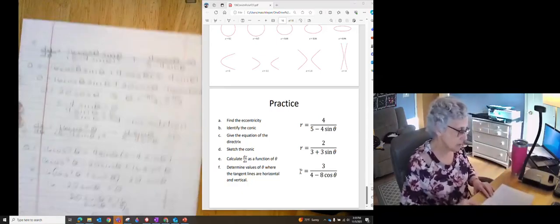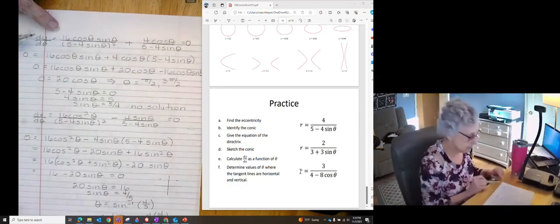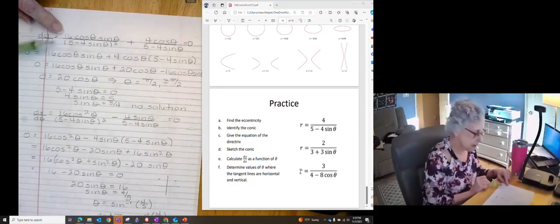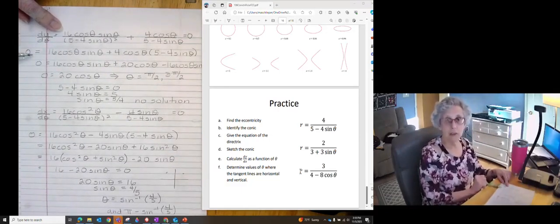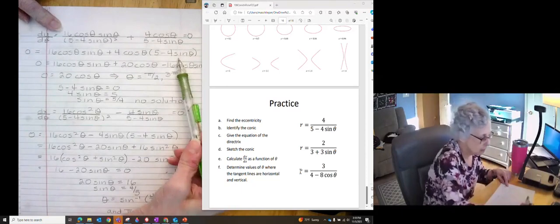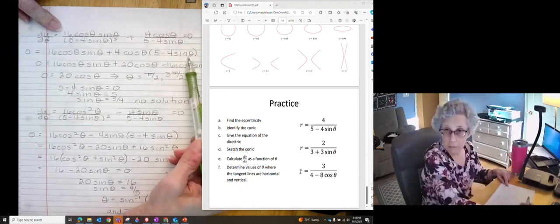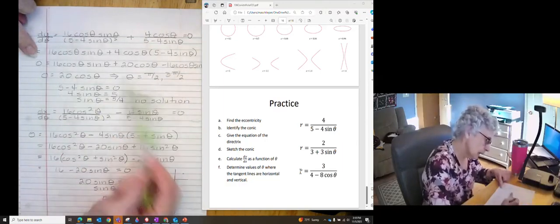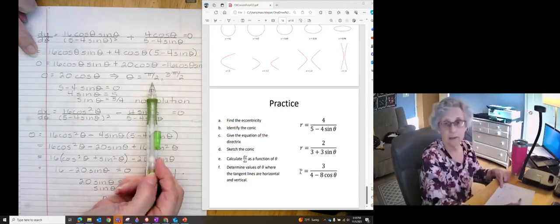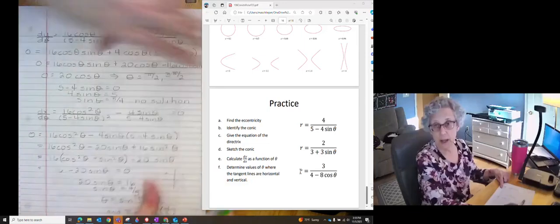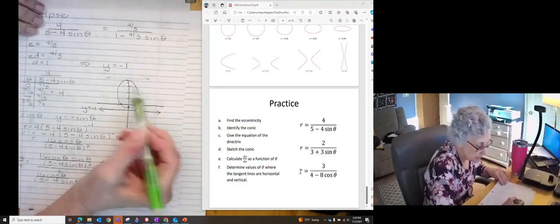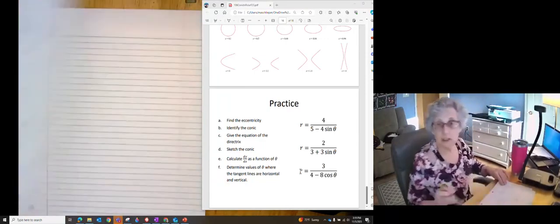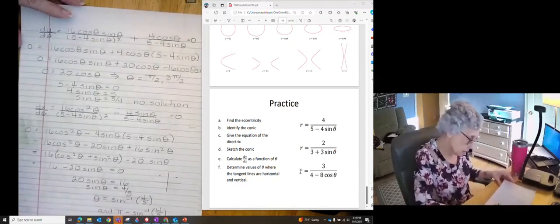Then I copied them to the other side of the page. I got tired of writing, so I acknowledged the fact that this is going to be equal to 0 when its numerator is equal to 0, but I did have to get a common denominator to figure out what my numerator would be. Then I went ahead and solved it, and I got theta as pi halves, or 3 pi halves, which is exactly what I expected because I have horizontal tangent lines at the tippy top and at the bottom.